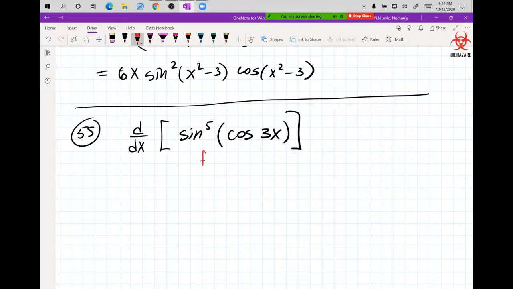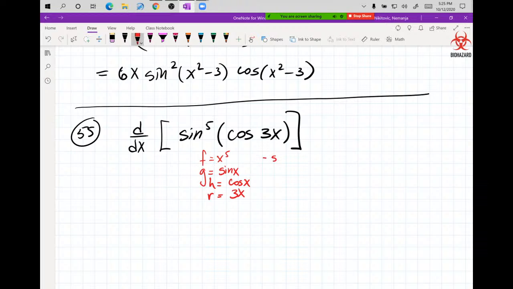F is what? x to the 5th. Very good. And then G? Sine x. Perfect. H? Cosine x. Excellent. And R? 3x. Good.